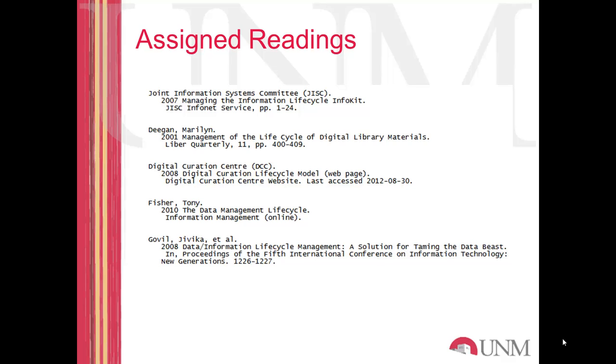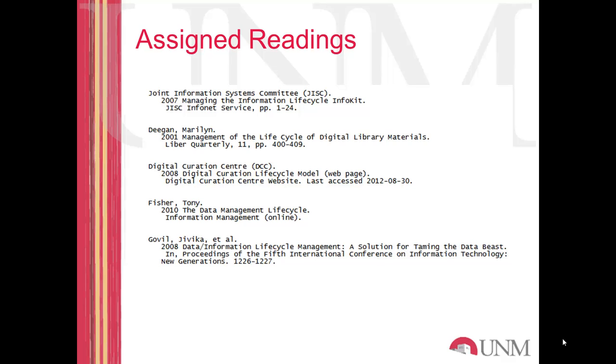Your major reading for the week, as I think I mentioned, is the Joint Information Systems Committee publication, Managing the Information Lifecycle Info Kit. That will cover the JISC lifecycle model that we just talked some about in more detail. And really, you need to concentrate just on pages 1 through 24 of that document. It has a total of 60 pages.